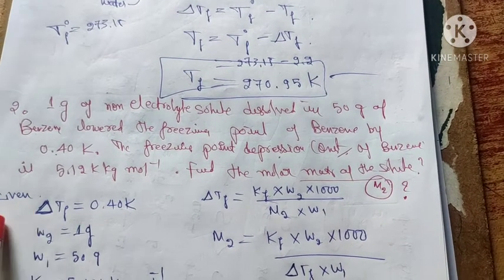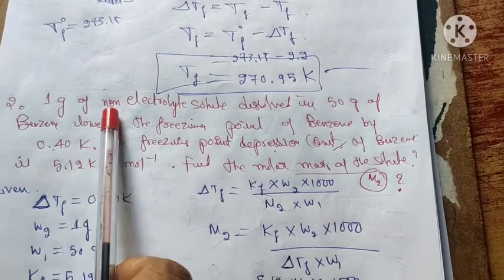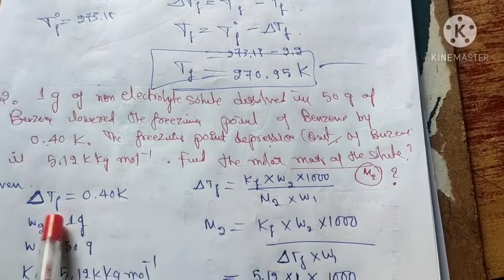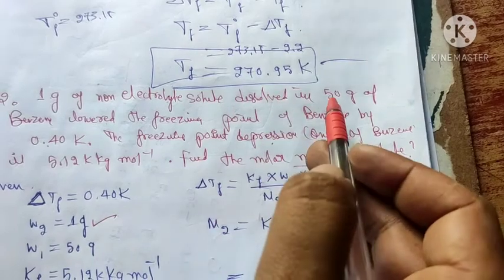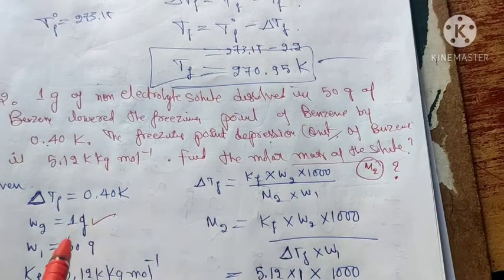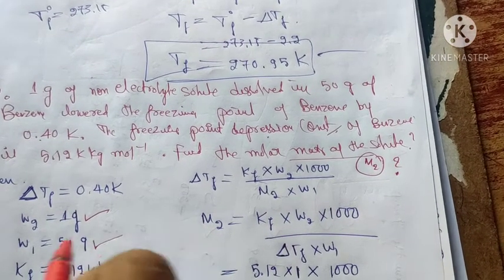Okay, now what are the given values? 1 gram of non-electrolyte solute: solute is W2, 1 gram. Dissolved in 50 gram of benzene: 50 gram of benzene is the solvent, W1, 50 gram.